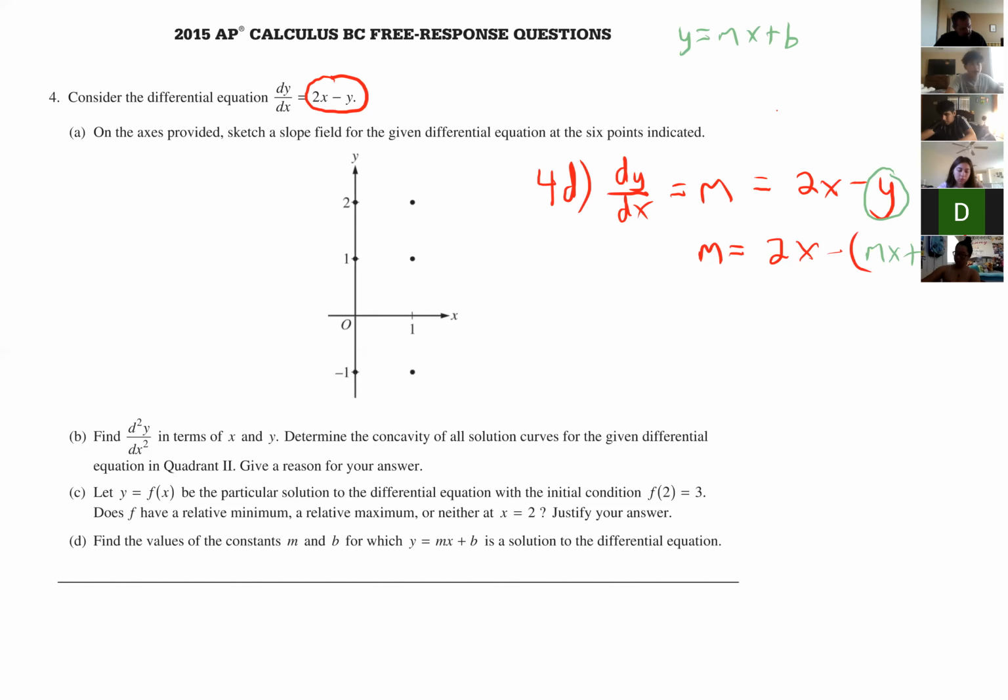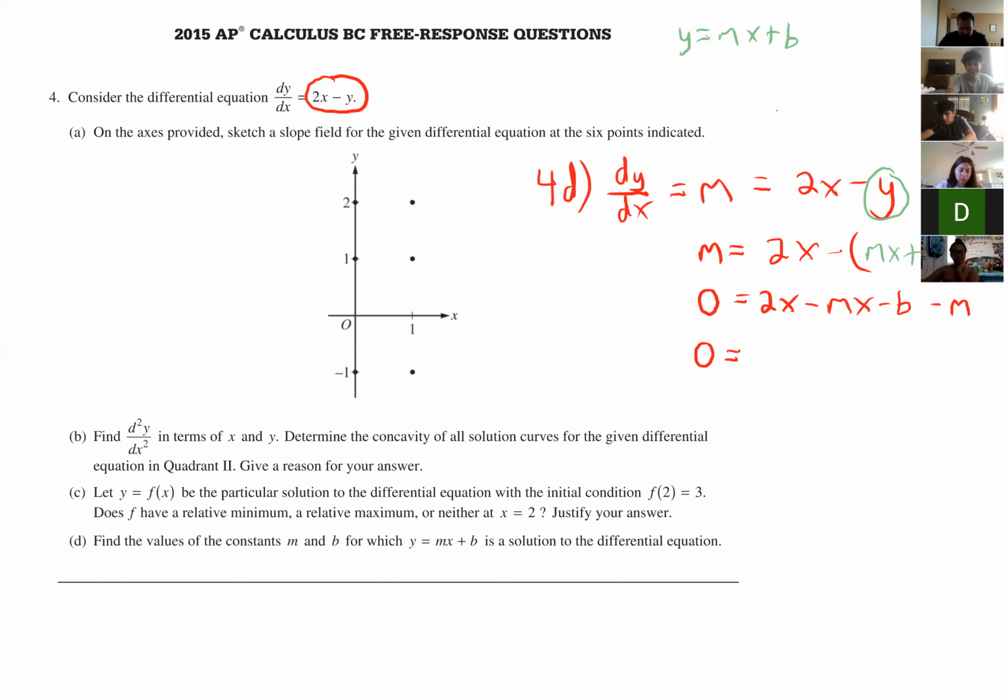Okay, so right here, I am going to subtract m from both sides to get 0. So I have 2x, and I'm going to distribute the negative. Then I'm subtracting m on the left side, and also subtracting m on the right side. So here's the minus m. I'm trying to solve this equation for m and b.